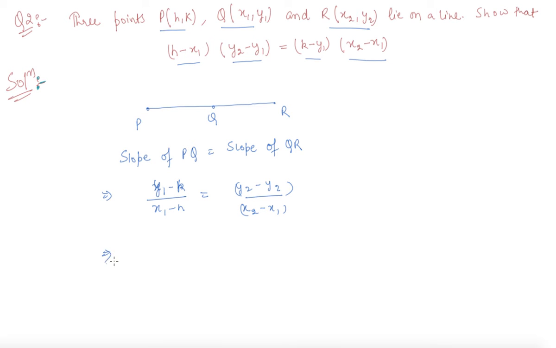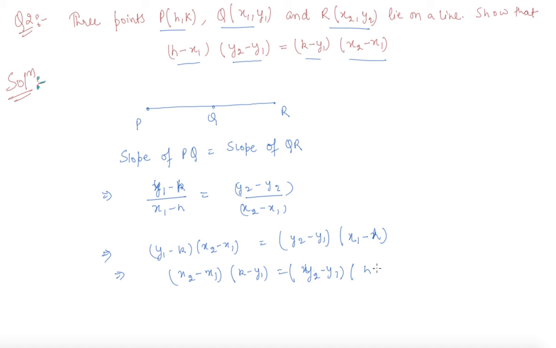Okay, so cross multiplying this, what we will get is, multiplying by minus 1 on both sides, we get the result that we want to prove: (y2 minus y1) into (h minus h1).